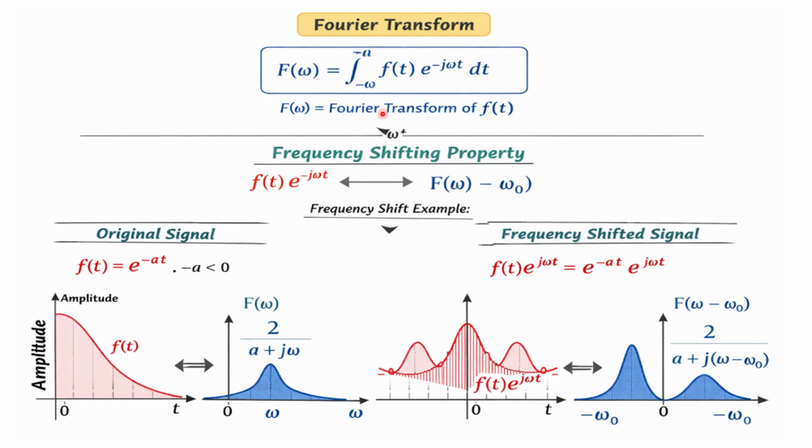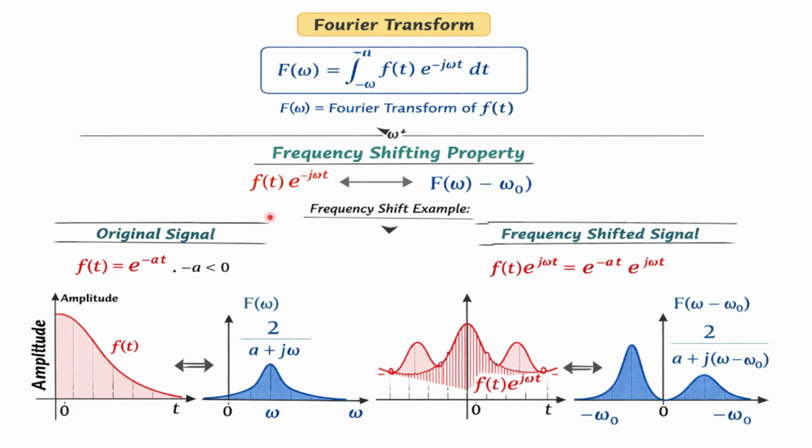In order to avoid this complexity, we convert into the frequency domain, because the frequency of any speaker will be the same throughout the time. So this is very easy. So that is why F(omega) can be found out.